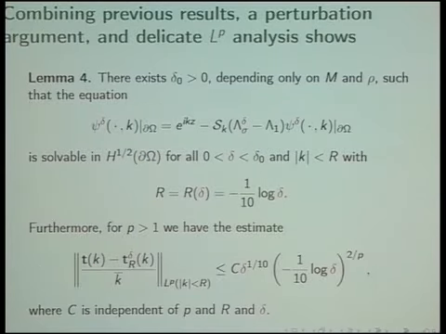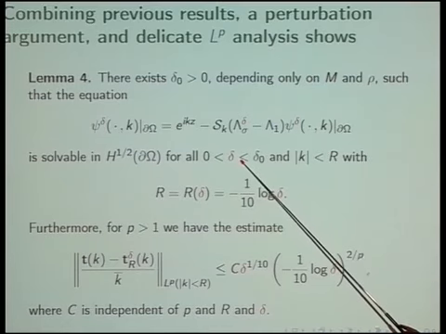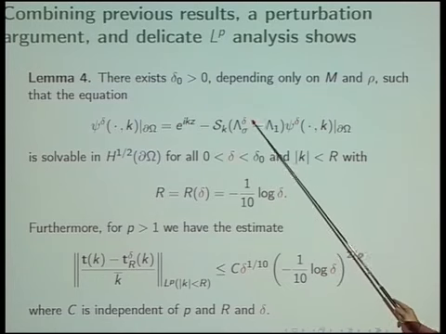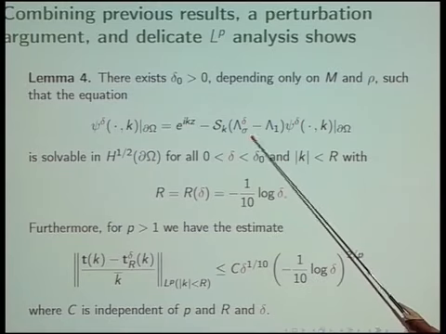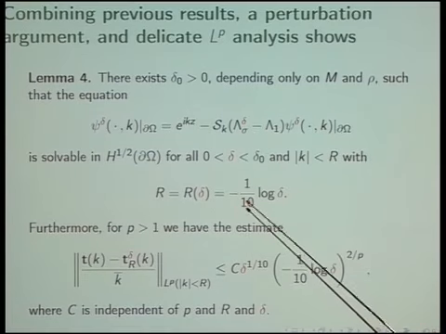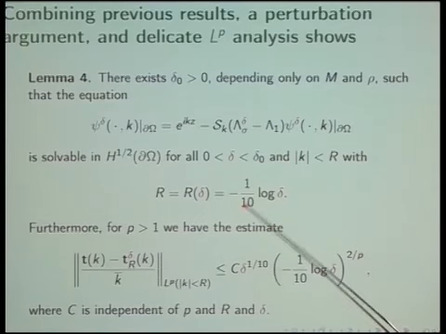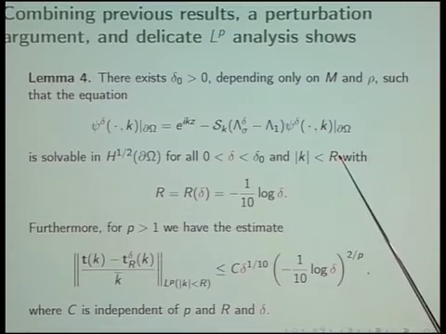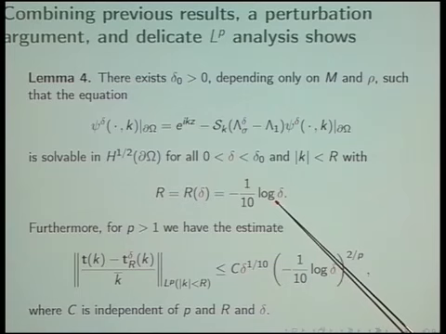Then we prove that this boundary integral equation can be solved for delta small enough, because we know that without the delta, by Nachman, it's solvable for a given sigma, and then with small delta we are not too far away, and we have these estimates, so we can prove that this can be solved provided k stays within this disk with this explicit radius.